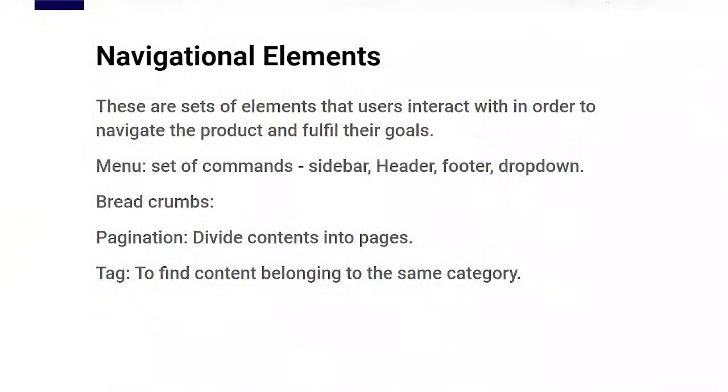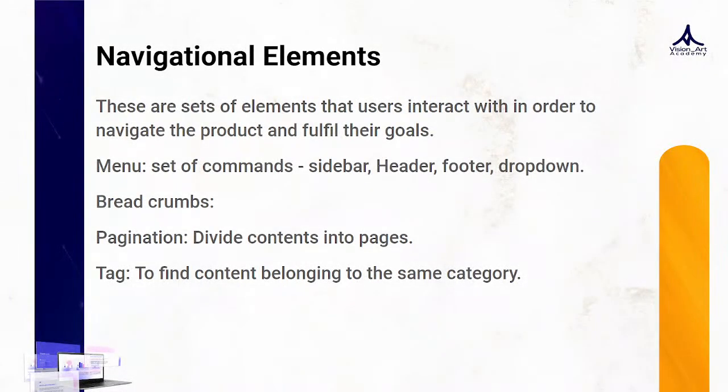So let's take a look at the first one, which is navigational elements. What is a navigational element? As the name implies, a navigational element is a kind of element that helps you move around and navigate the platform.